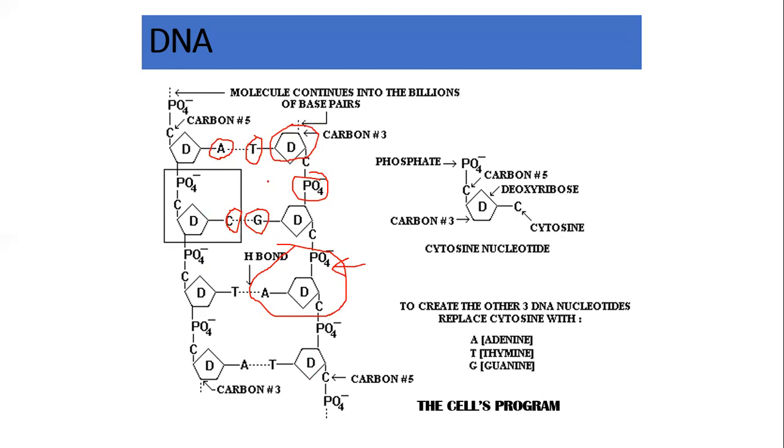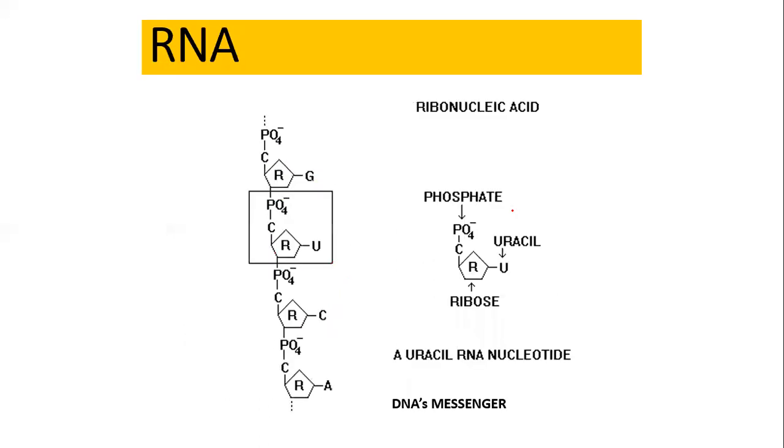It links them all together when it needs to make a DNA. This is a cytosine nucleotide here. It's one phosphate, one deoxyribose, and one cytosine. It's the cell's program.